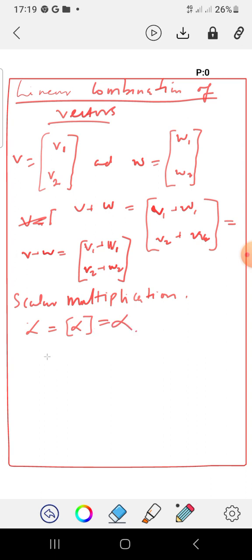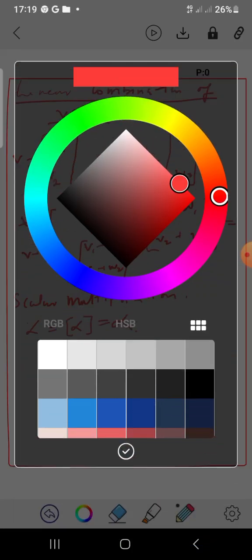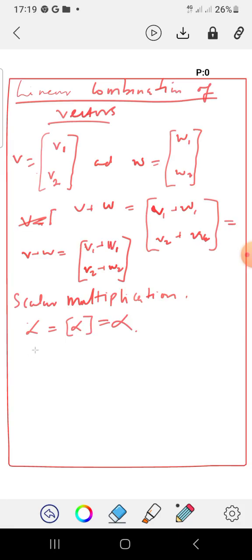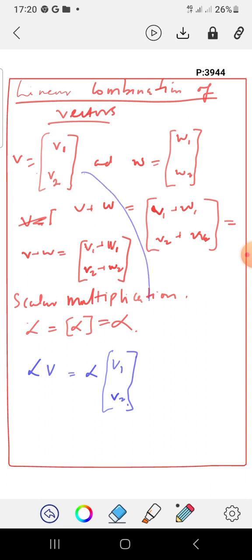All right, let me change the color. If we say alpha times v, it's going to be alpha multiplying v1, v2. You can see I'm picking this.